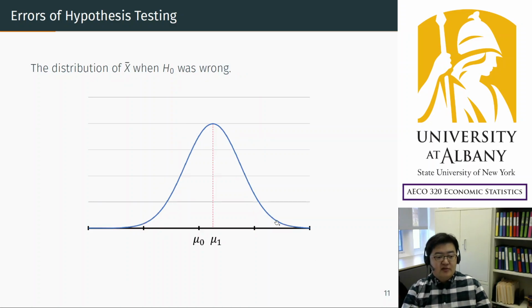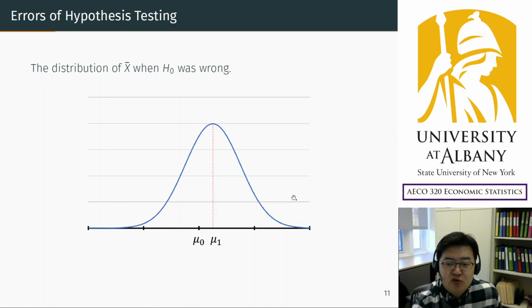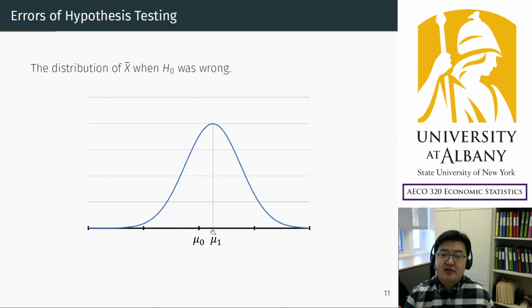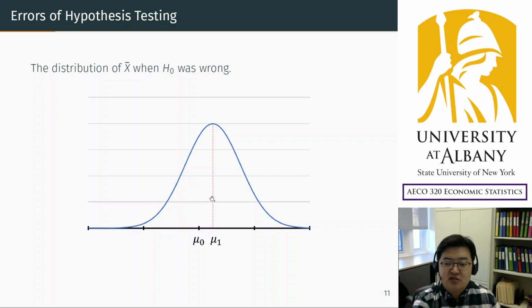Now, on the other side, we are going to assume that the null hypothesis is wrong. If it was wrong, then, as I said, the center of the normal distribution is not at your hypothesis. There must be a different value where your distribution is centered. I'll call that mu1, which is different from your belief mu0.